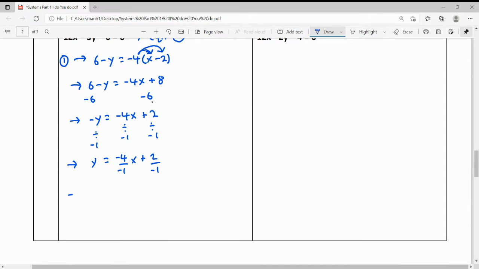Here, I would reduce as much as I can. Negative 4 over negative 1 is just going to be 4, because 4 divided by 1 is 4, and the negatives cancel out. So I'm left with 4x. And 2 over negative 1 becomes negative 2. So my first equation is y equals 4x minus 2.